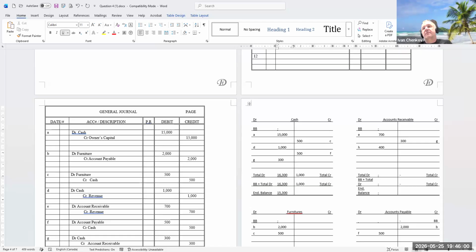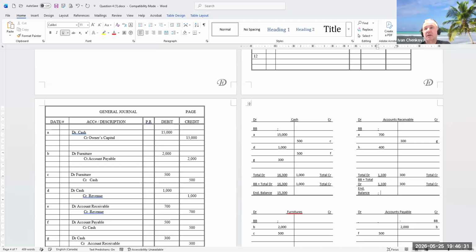For accounts receivables, total accounts receivables that we haven't collected is $1,100. We collected $300, so the total collections are $300, and since the beginning balance is zero, the total is 1,100.